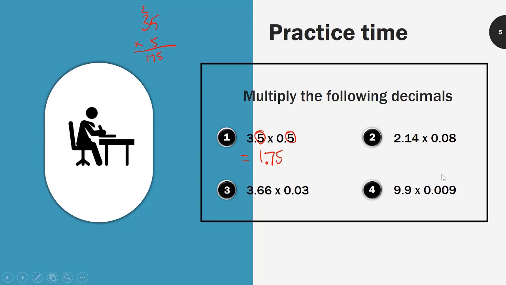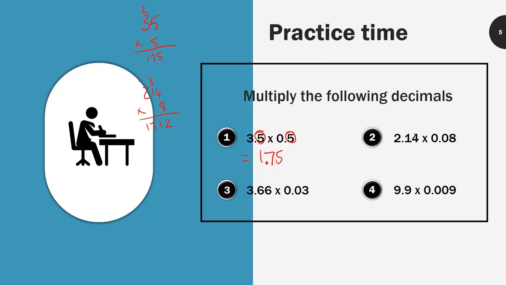Next one, 214 times 8, okay? 8 fours are 32, 1 times 8 is 8, plus the 3 gives me 11, okay, carry that 1. 8 times 2 is 16, plus the 1 gives me 17, okay?